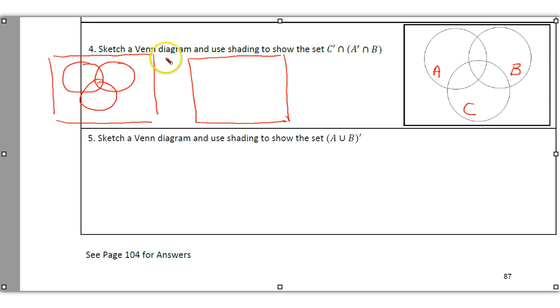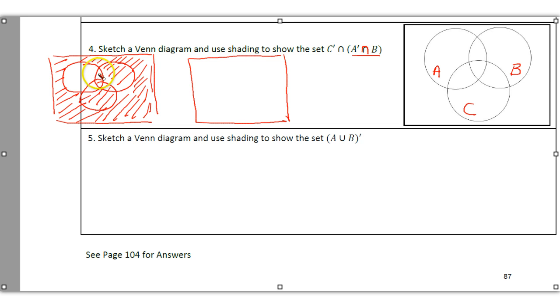So in 4, we're going to start with what's in the parentheses, and this is an intersection. What is the complement of A? The complement of A is everything that's not in A. Now we want an intersection with what is in B. Well, in B, we can change our color to blue here.